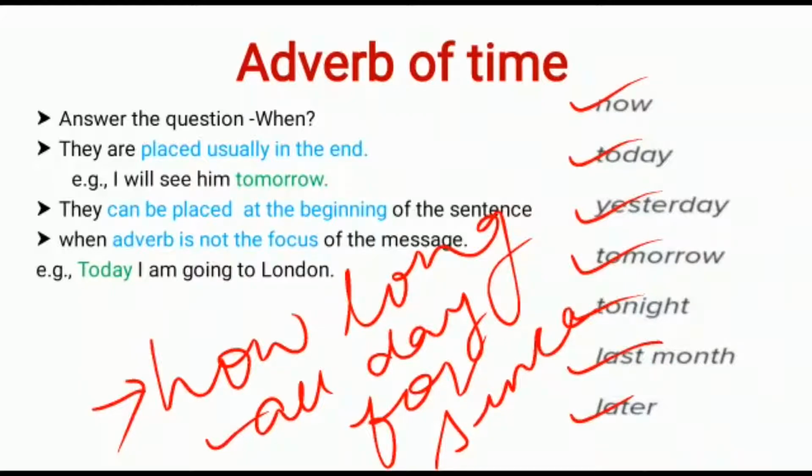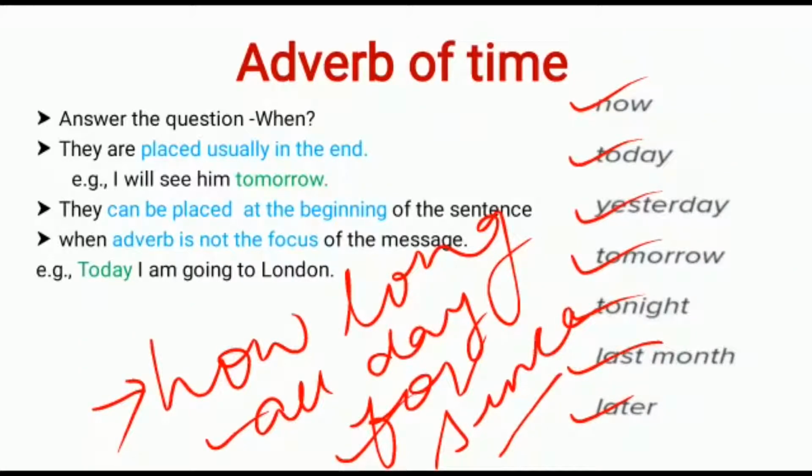If I say my mother lived in America for 2 years, so here I am using this adverb of time. And then we have since. I have been going to this school since 2013. So this is how I can use adverb of time by using the word since.